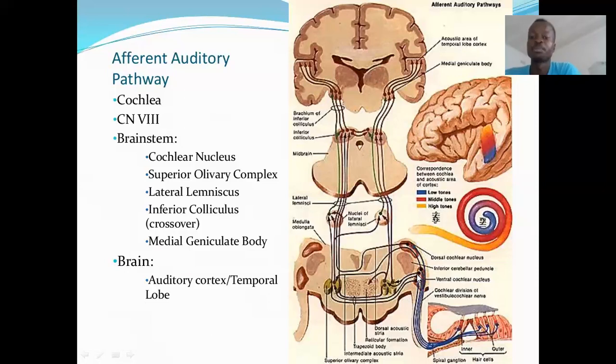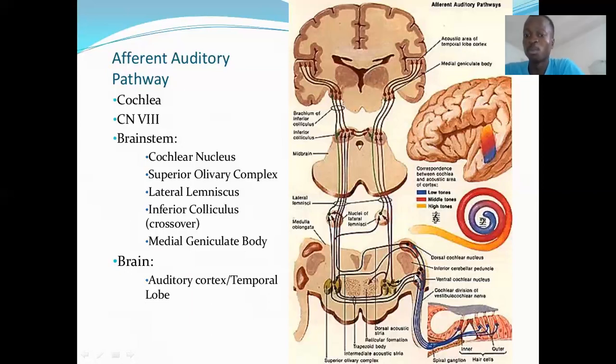right? So fibers that get to the dorsal cochlear nucleus, notice they're going to cross the midline and go to the contralateral nucleus of the lateral lemniscus. Most of the fibers that synapse in the nucleus of the lateral lemniscus are fibers coming from the dorsal cochlear nucleus, and they make up this stria, which is the dorsal acoustic stria, right?